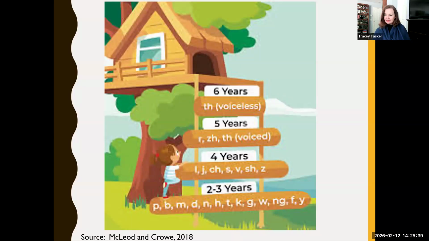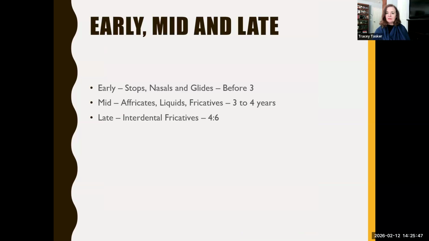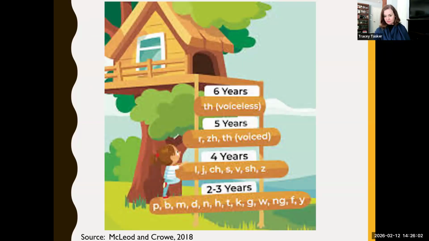So it's just something to consider when thinking about sound development of young children. Sometimes when we refer to sounds as speech therapists, you'll hear people say the early, the mid, and the late sounds. So early is often these stops. So I was just giving examples of some of them, p and b, for example.